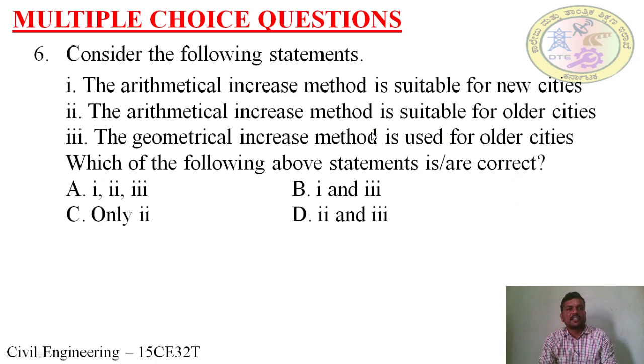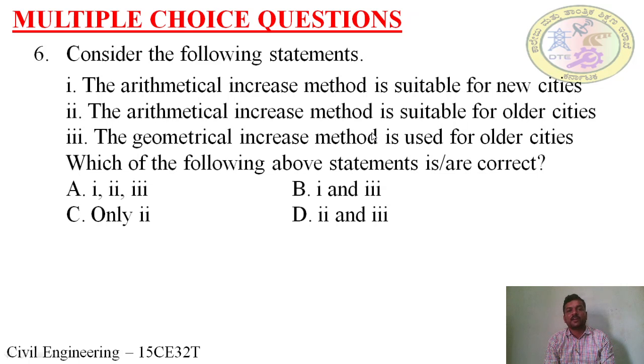Consider the following statements. First, the arithmetical increase method is suitable for new cities. Second, the arithmetical increase method is suitable for older cities. Third, the geometrical increase method is used for older cities. Which of the above statements are correct? Option A, 1, 2, 3.